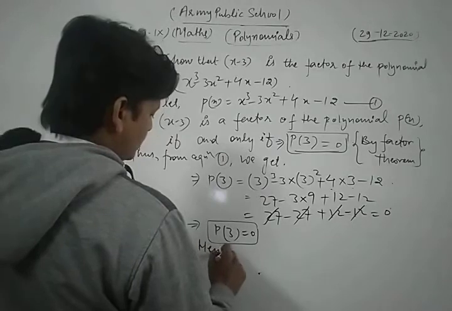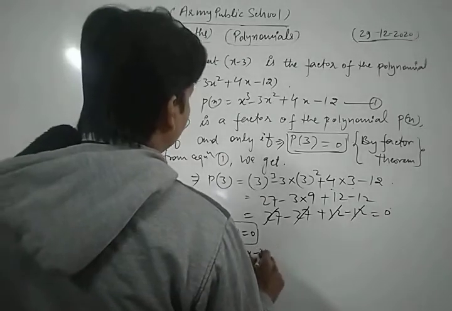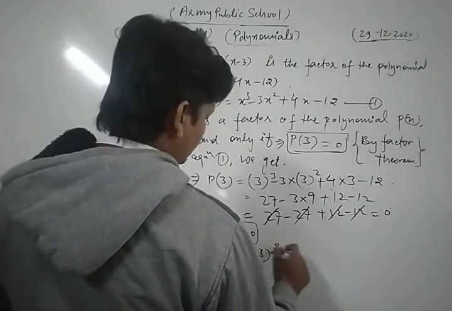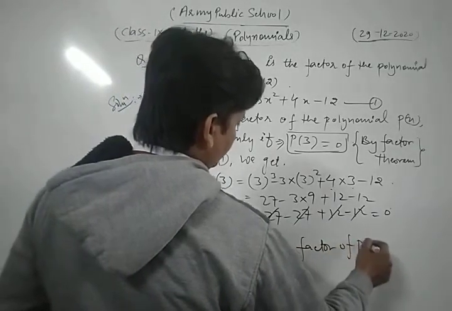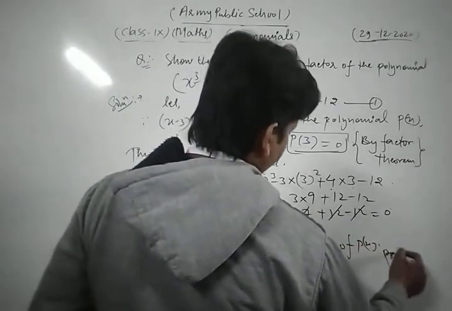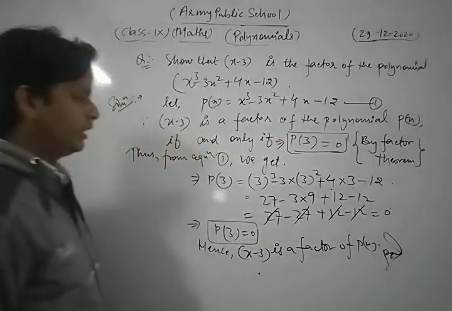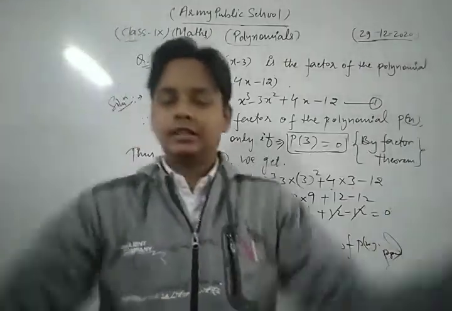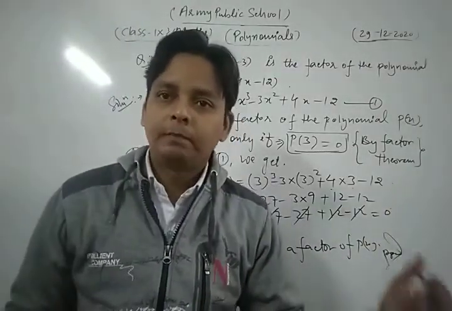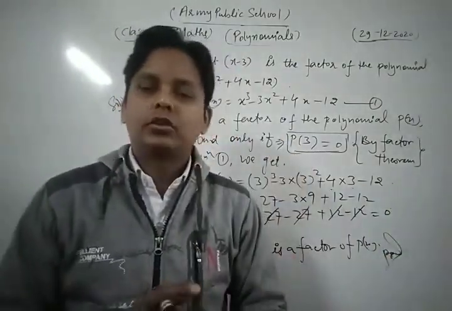Hence we can say that x − 3 is a factor of the polynomial p(x). Hence proved.